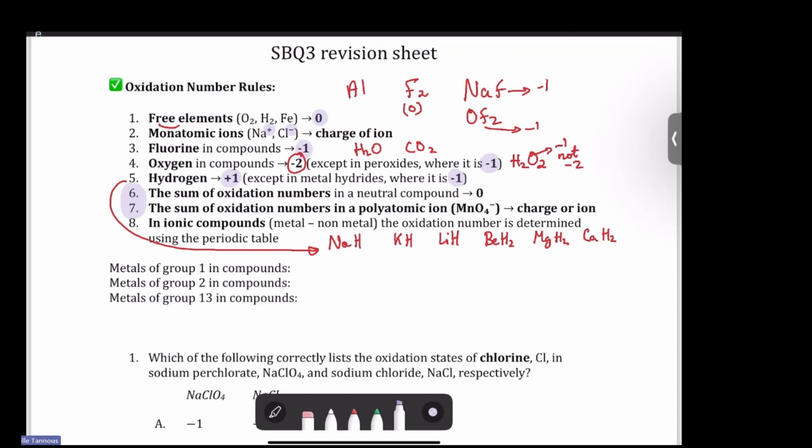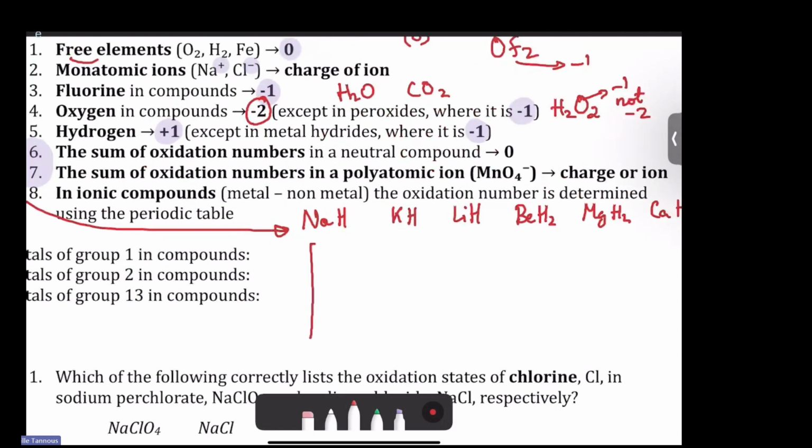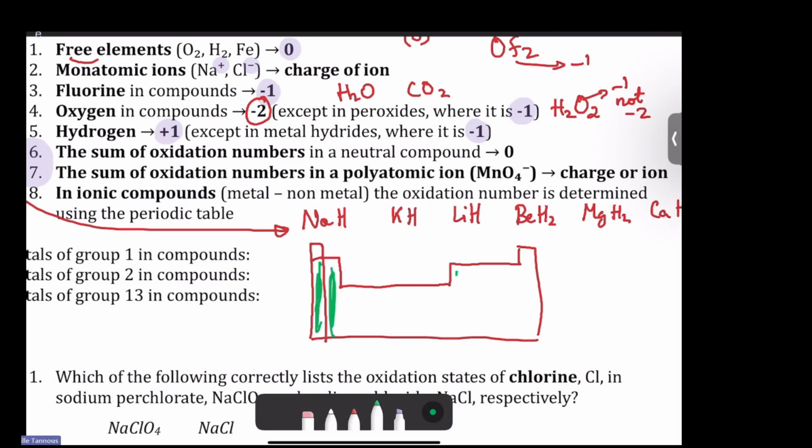Now, in compounds, metals of group 1. So here's the periodic table. We have elements of group 1, metals of group 2, and those of group 13.